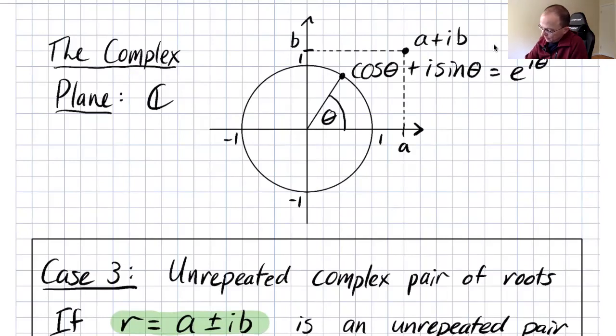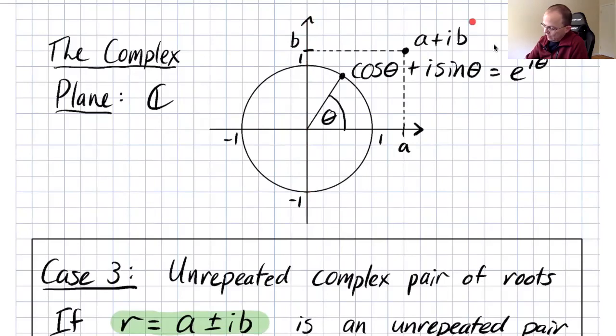The x-axis is going to refer to the real part. So this is like the real part of the complex numbers right here, and this is the imaginary part here. So we have the real part and the imaginary part like that.